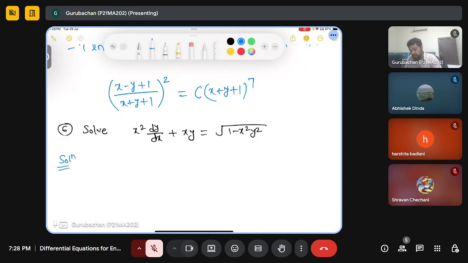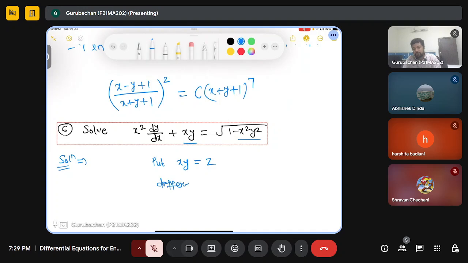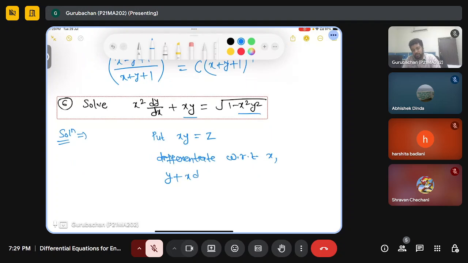If you observe that there is a term xy here, what is the intuition? That we should put xy is equal to some z. So differentiate with respect to x. What will we get? y plus x dy dx is equal to dz by dx.